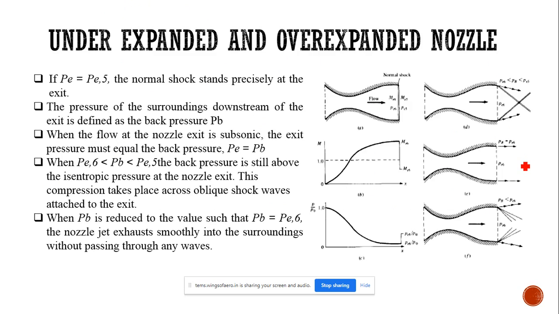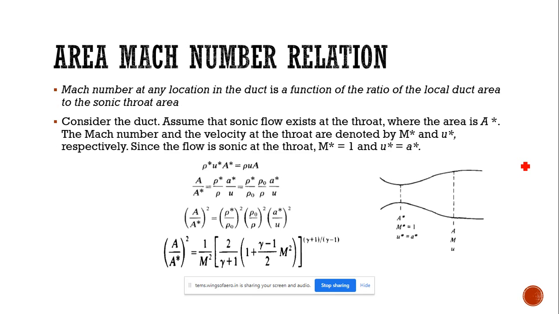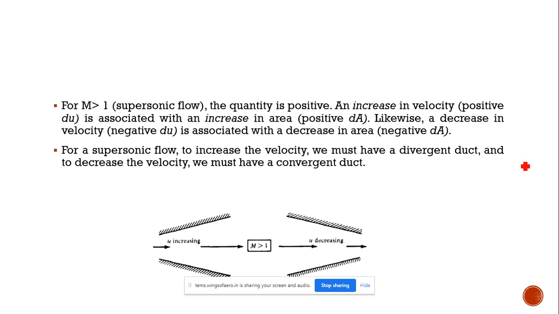I will show you one diagram for your clarification. Just remember this area Mach number relation. With this area Mach number relation, for a supersonic flow, to increase the velocity, we must have a diverging duct, and to decrease the velocity, we must have a converging duct. Understood?